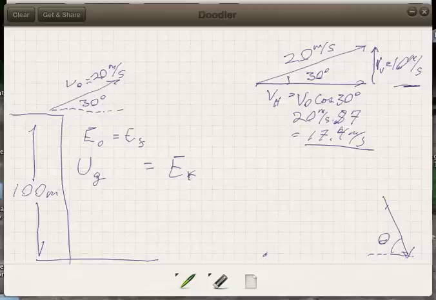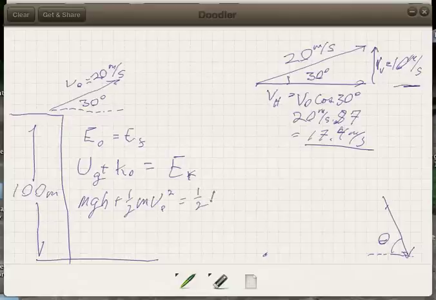And if you did this, you would get the wrong answer, because we need to recognize there is some kinetic energy that we start with, because it's moving already at 20 meters per second. And so now we can put this in: mgh plus 1/2 mv0 squared is equal to 1/2 mv final squared.